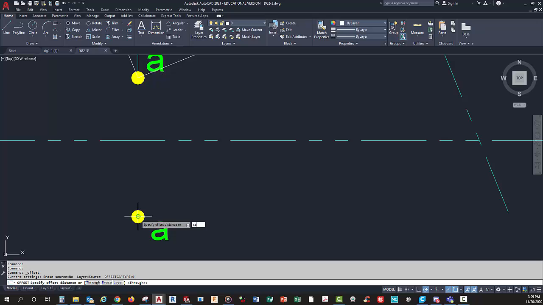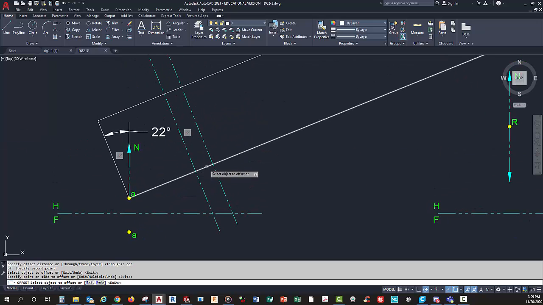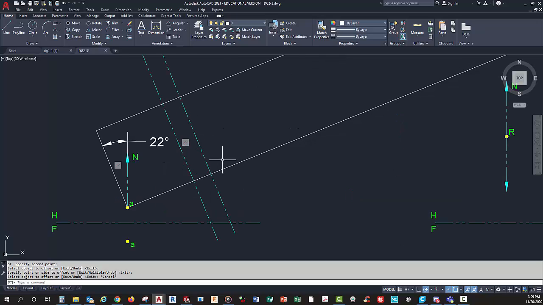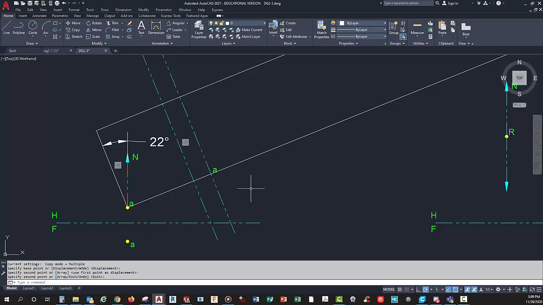Maybe I should try a center, and then it's only going to look for the center, and I'll take this distance and offset it up that direction. Okay? Alright, so I have my point A, so I could just take this and go copy, and we'll just go from there up to there, and there's point A.